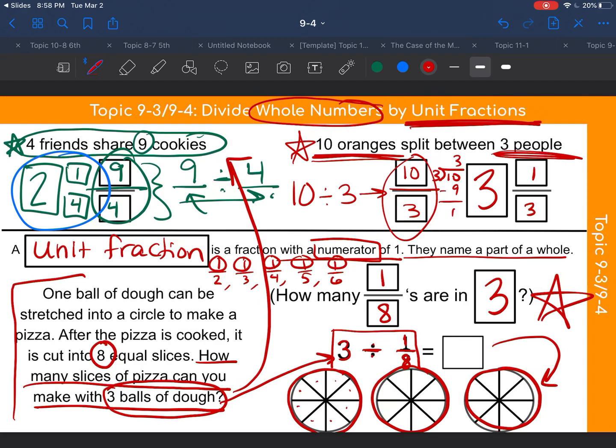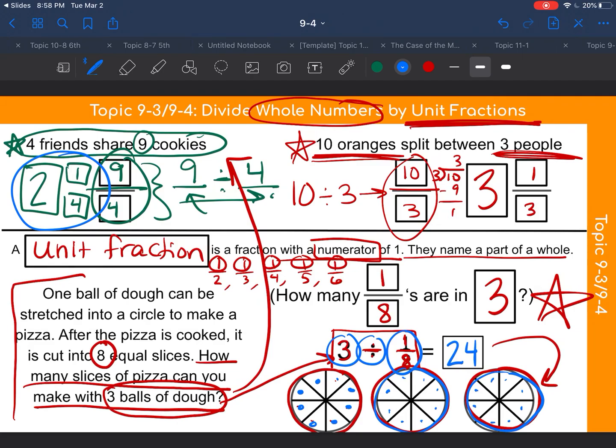So what I want you to do is count how many of these individual eighths are there in all 3 of these wholes. Count all of those sections. How many eighths are there? Well, there's 8 in here, then 16 in this one, and 24 in this one. So 3 divided by 1/8 is 24.